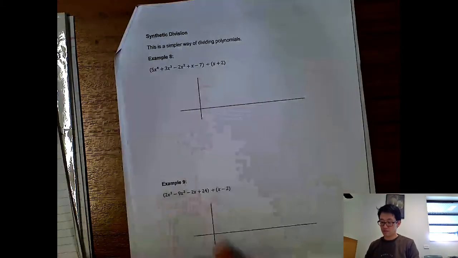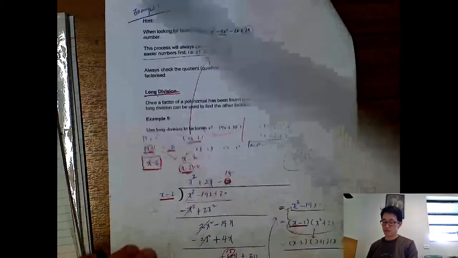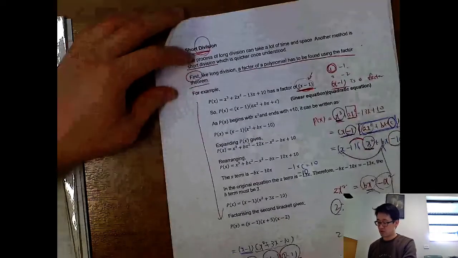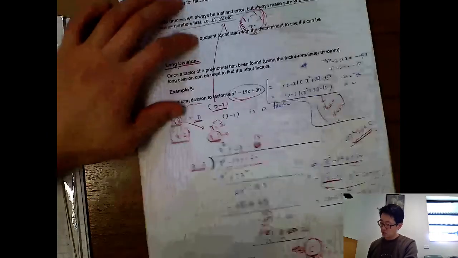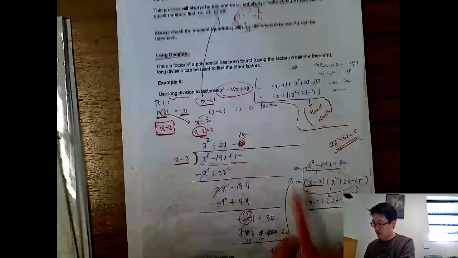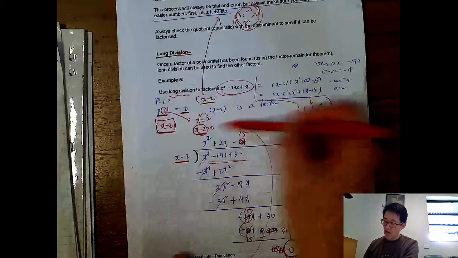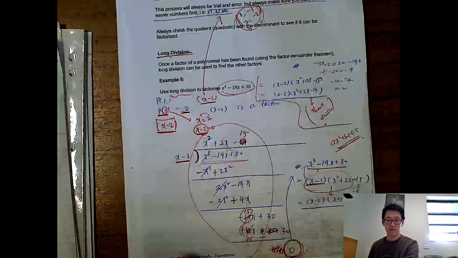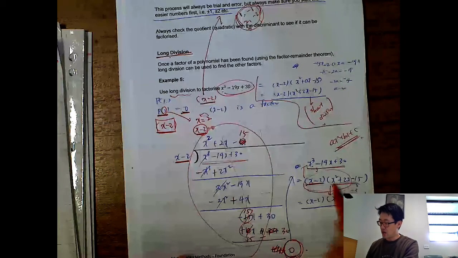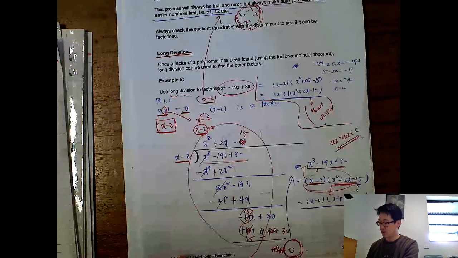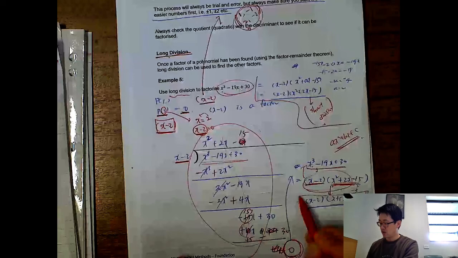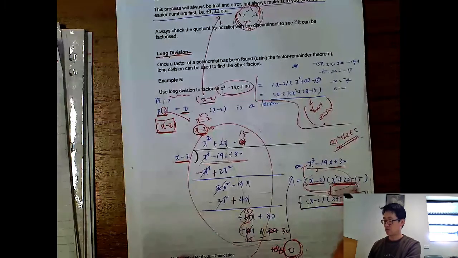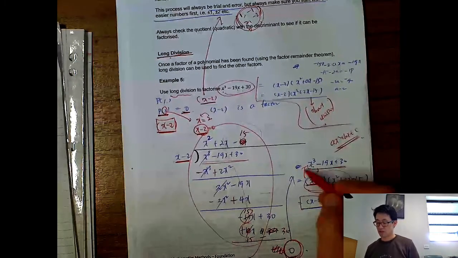Okay, that's synthetic division, so we'll leave it there. But let's go back. I spent lots of time explaining short division. For long division, when you complete that, you actually divide. And the last part here will be the same: you make the linear factor and complete the last bit.